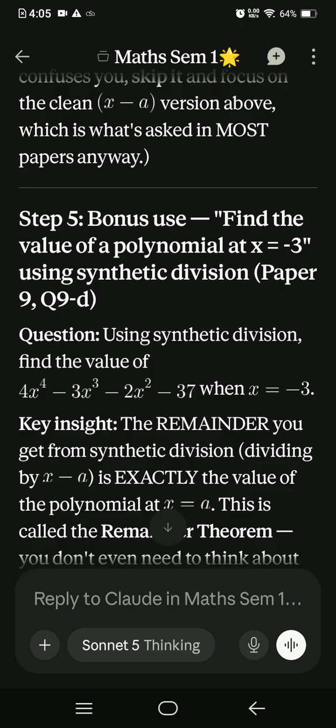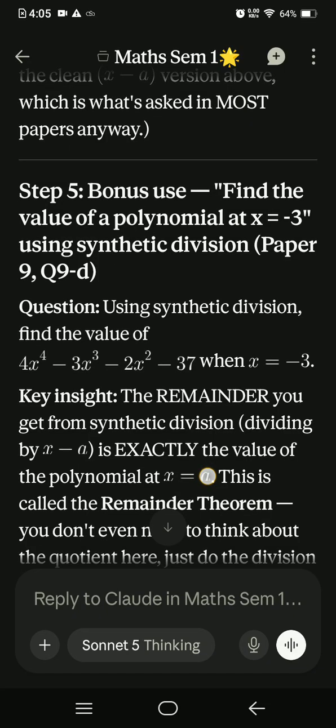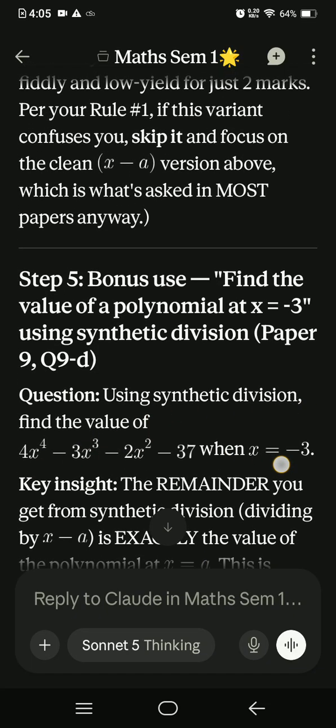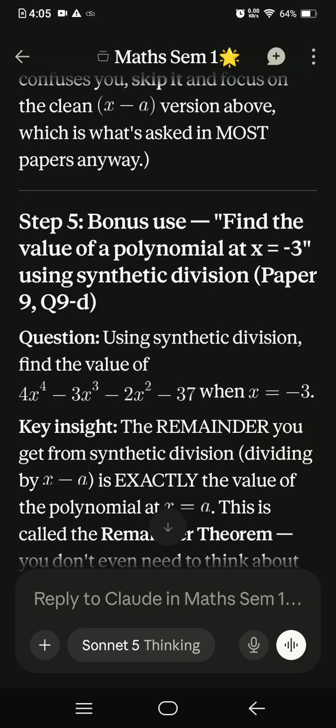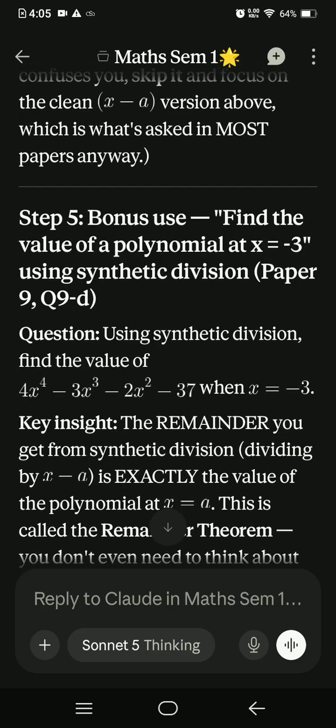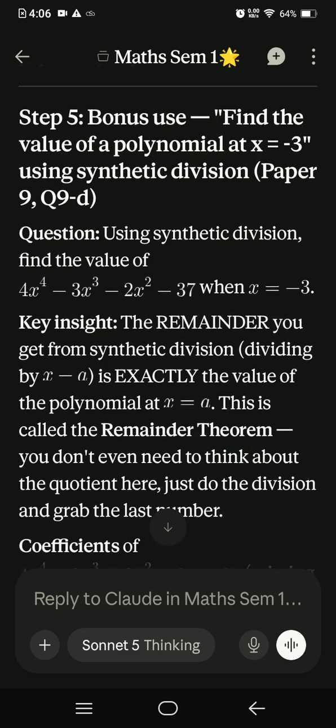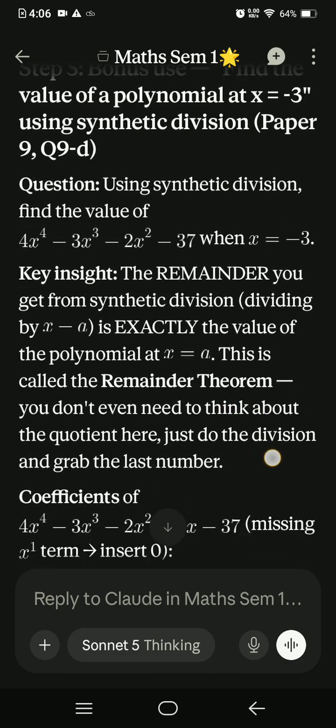What? Find the value of a polynomial at x equals minus 3. So the question is, using synthetic division, find the value of this when x is equal to minus 3. Key insight: the remainder you get from synthetic division is exactly the value of the polynomial. Okay, this is called the remainder theorem, but you don't even need to think about that quotient here.